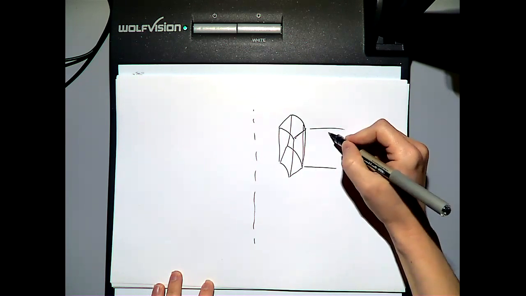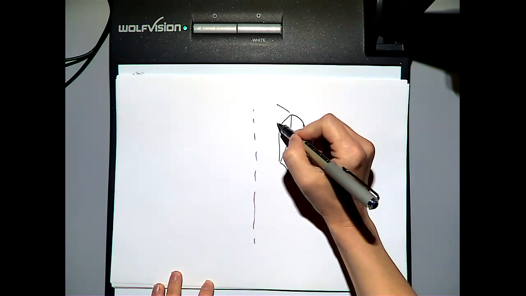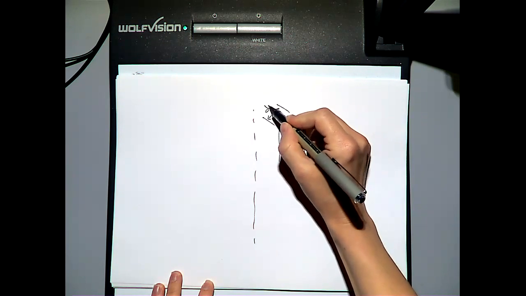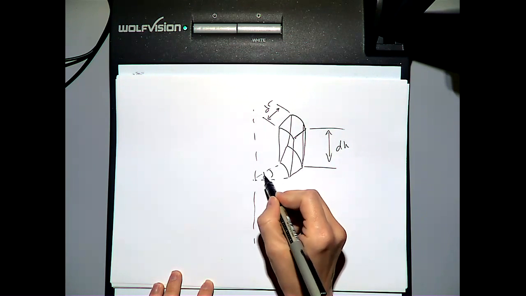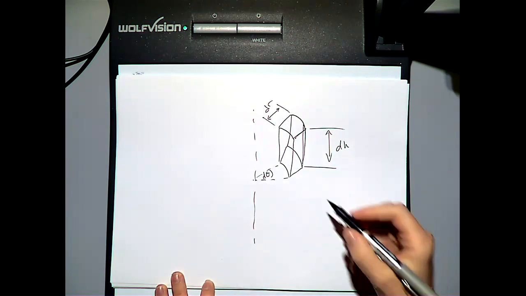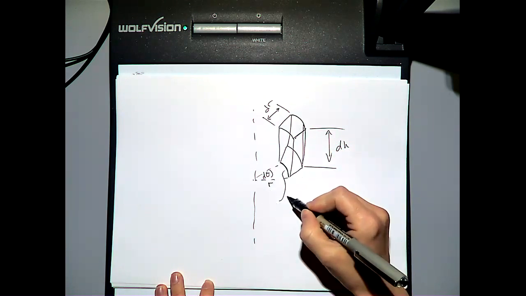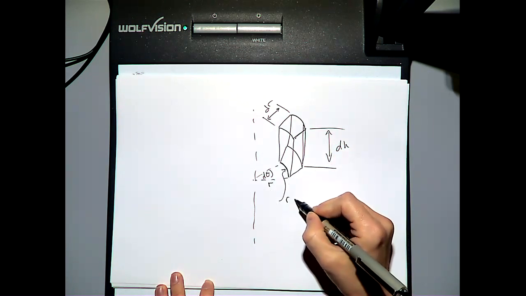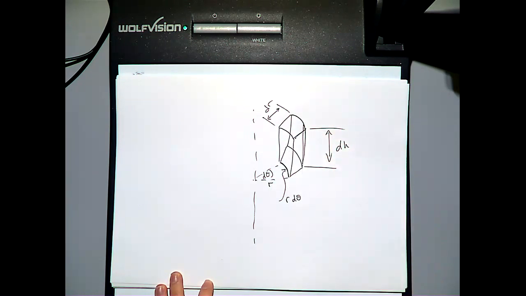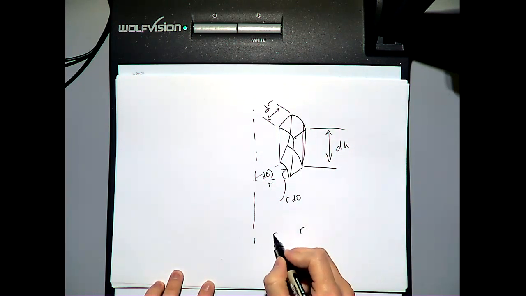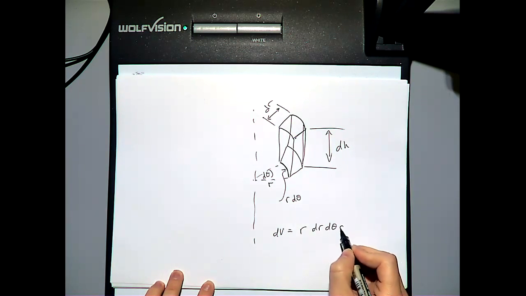This will be your dH, dr, and d theta. This length here, because this is r, this length is r d theta. So this little volume is r dr d theta dh.